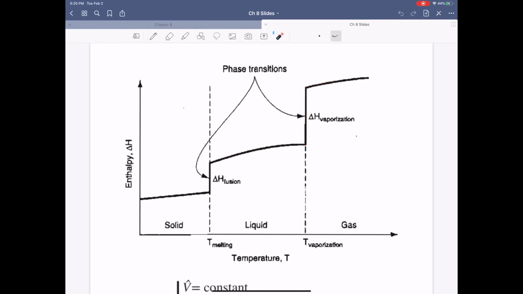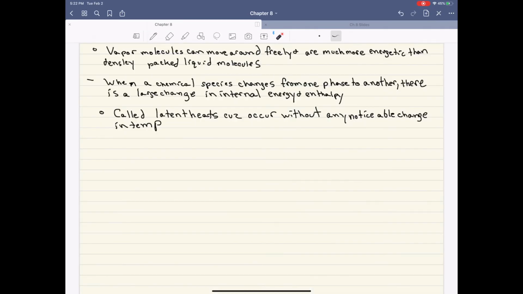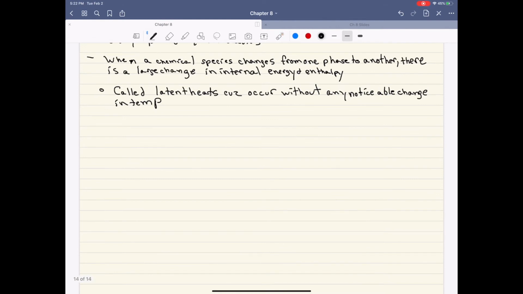And so the latent heat that occurs here is known as the delta H of vaporization because it deals with a transition between the liquid and the vapor phase. Okay? And a similar plot can be developed for internal energy as well. And so we could see just from this plot that there's actually many different types of latent heats that we can encounter.